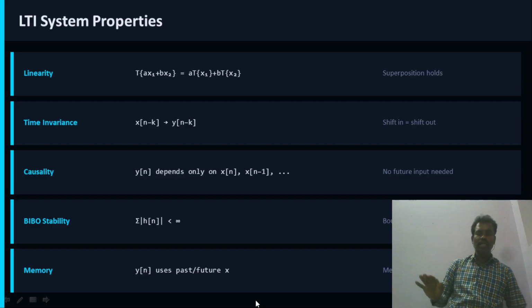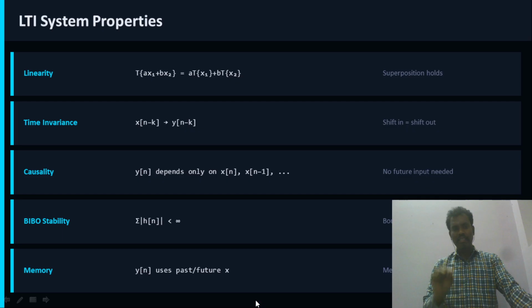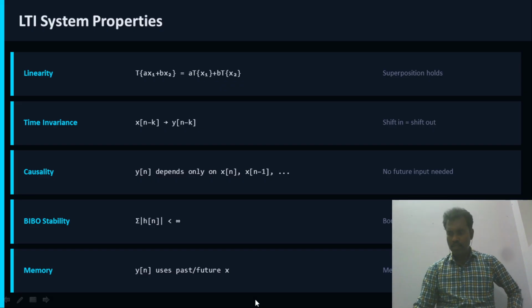So it is a memoryless system. Otherwise, if the input terms or output terms have some past values or future values, then it needs to store them, right?